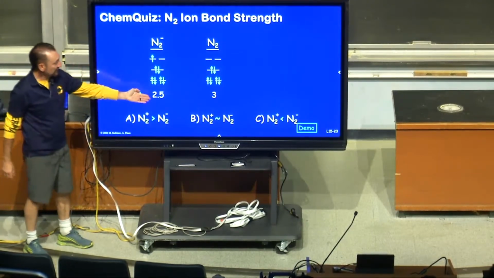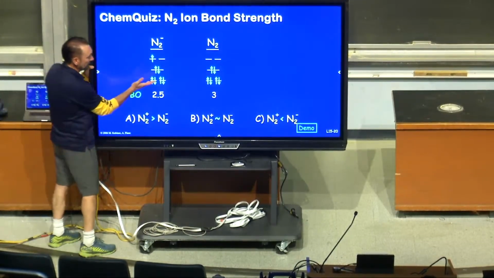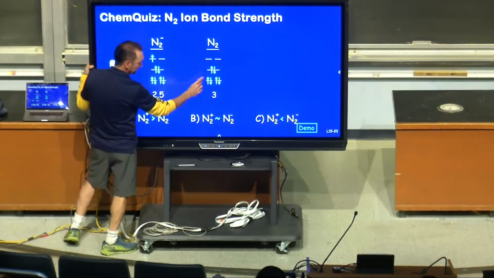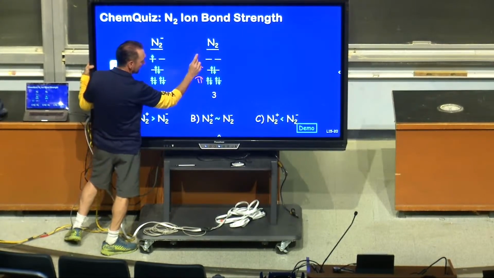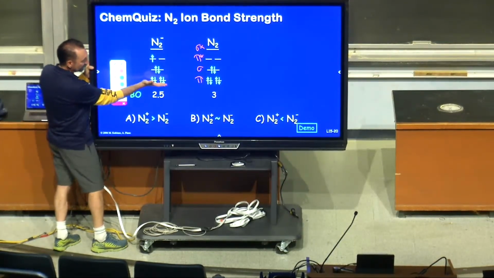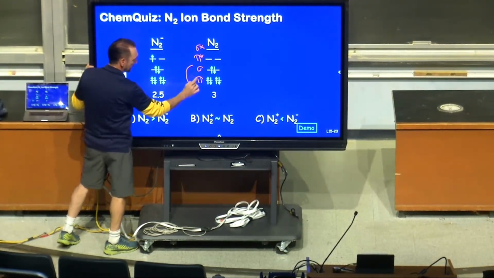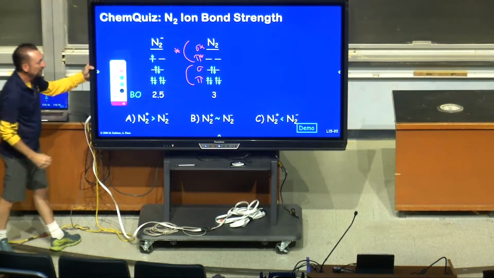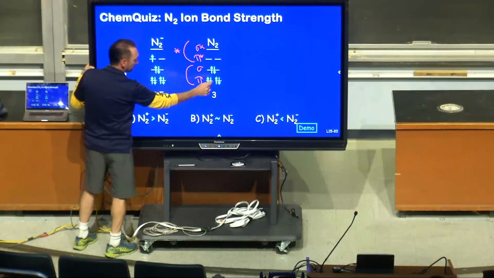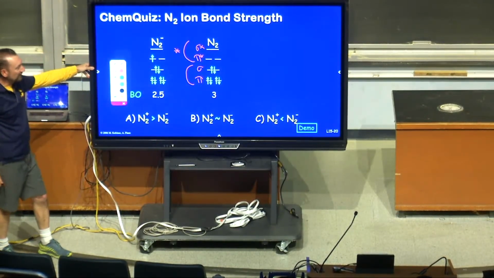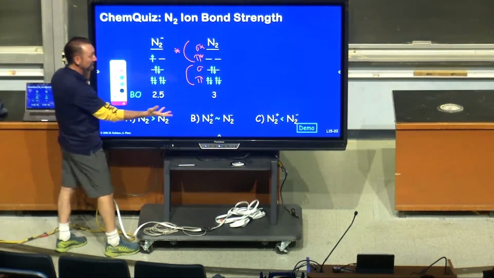And then it's easy to calculate the bond order. In fact, essentially you have to do that. You have to recognize that these are bonding electrons and these are anti-bonding electrons. So here I have 1, 2, 3, 4, 5, 6 bonding electrons, no anti-bonding electrons.